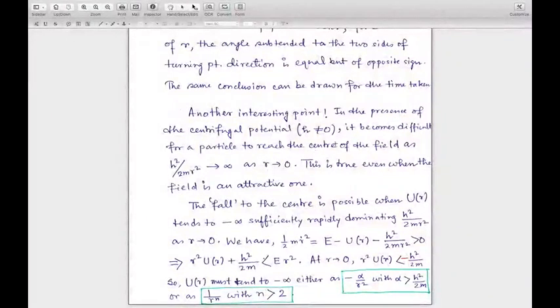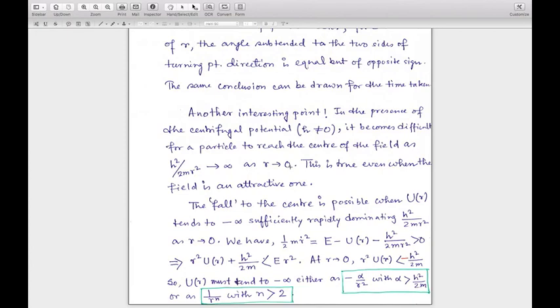Another interesting point, and that is the last interesting point for this lecture. In the presence of centrifugal potential, when we have H not equal to 0, it becomes more and more difficult for a particle to reach the center of the field, as H square by 2m r square tends to infinity, actually positive infinity, because H square by 2m r square is always positive definite, as r tends to 0. What is the meaning of that?